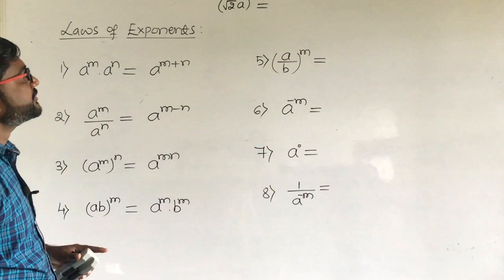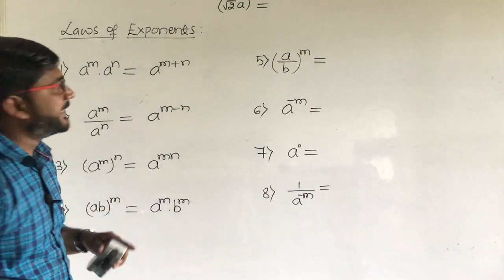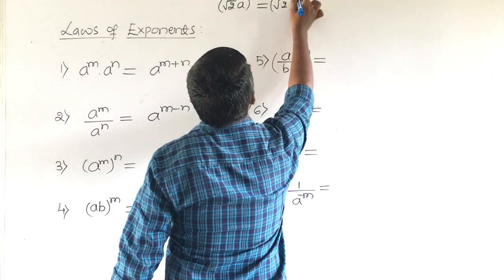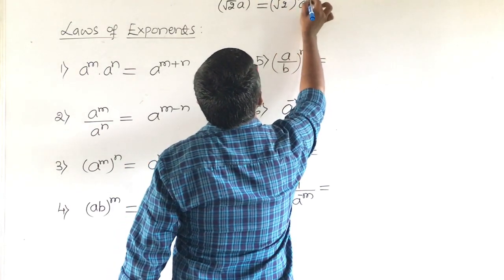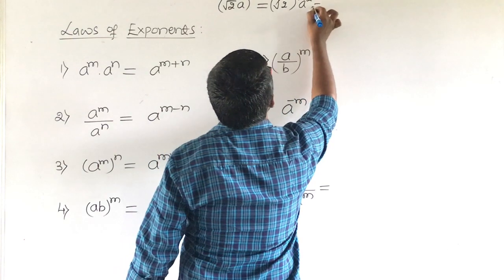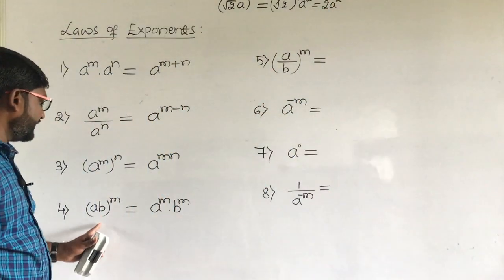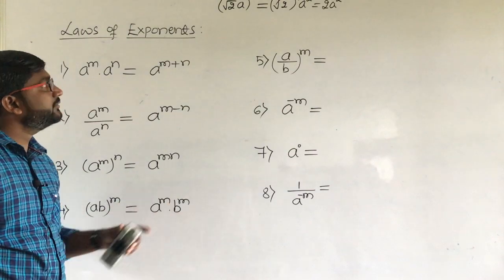Here the square applies to the first term as well as to the second term. So here it becomes root 2 square into a square. So here square and root get cancelled, so we get 2a square.